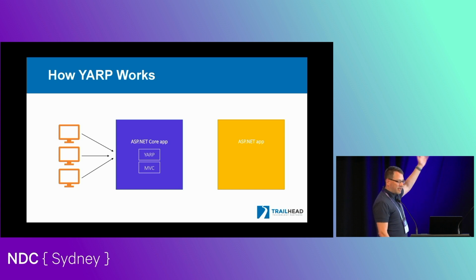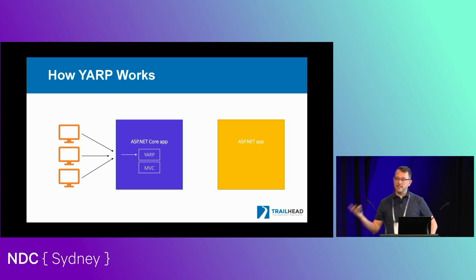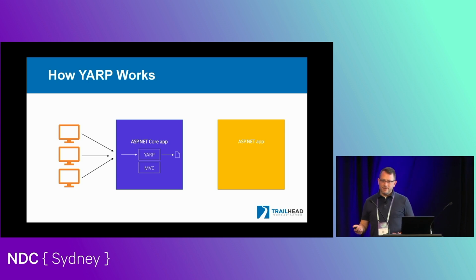So traffic coming in from clients might hit the request response pipeline, the middleware pipeline that is in ASP.NET Core. And YARP actually goes very high in that pipeline. And so it'll hit YARP before it hits MVC or your APIs. And that's where something called the routing table comes into play.